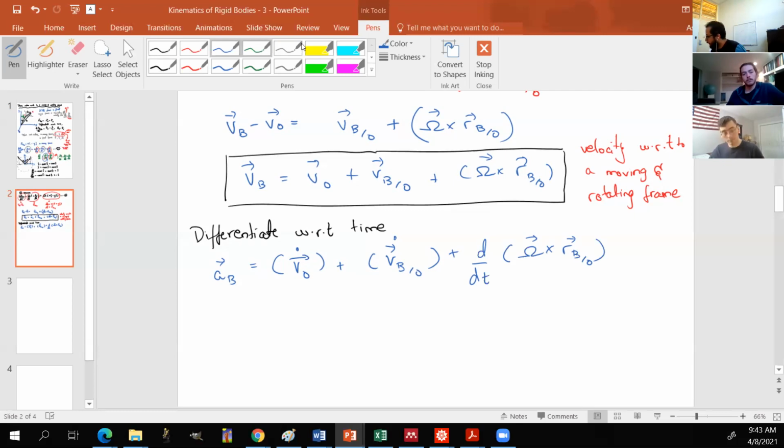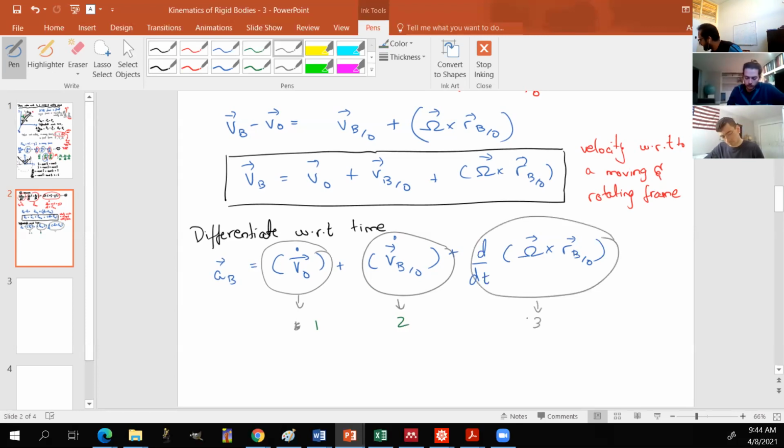All right, so let's break it down. Let's call the first part A. Using numbers and letters, you run out of things. I can't use I, we're using I as well. You guys are engineering adults, so I'm just going to do what's easy. This is 1, this is 2, let's say that is 3.